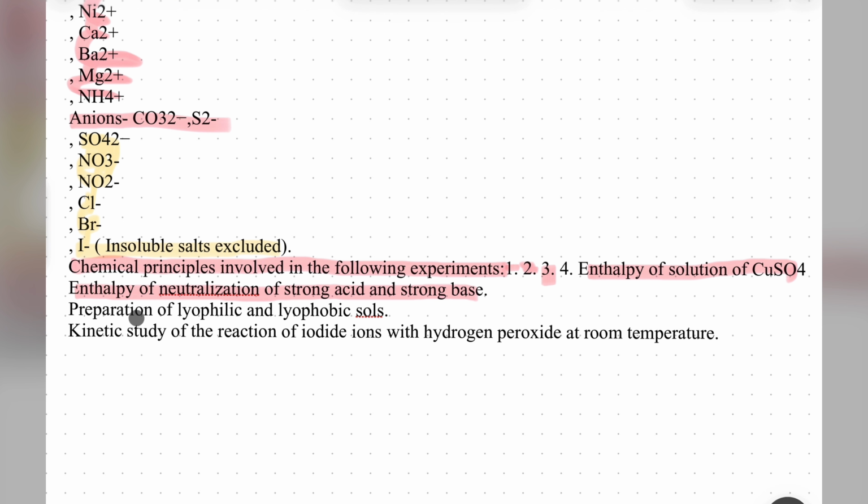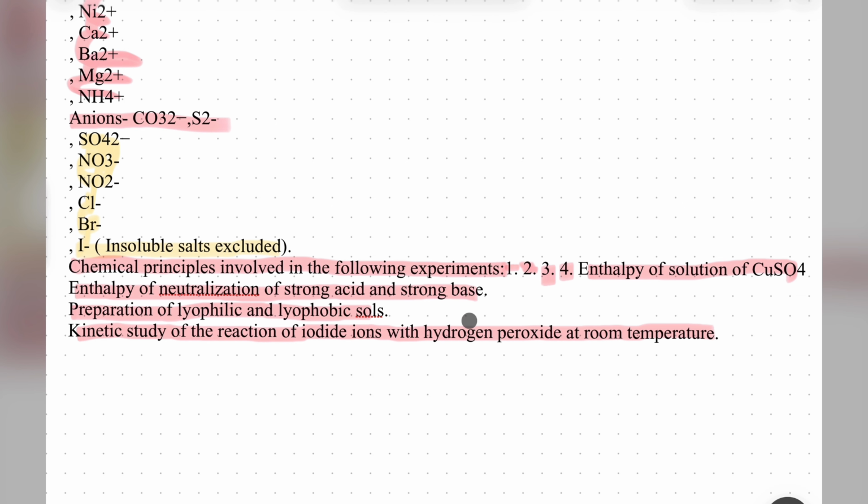Experiment 3 is preparation of lyophilic and lyophobic sols. This is practical. Practical questions also come in JEE Mains, so concentrate on this. Next, the fourth experiment is a kinetic study of the reaction of iodide with hydrogen peroxide at room temperature.